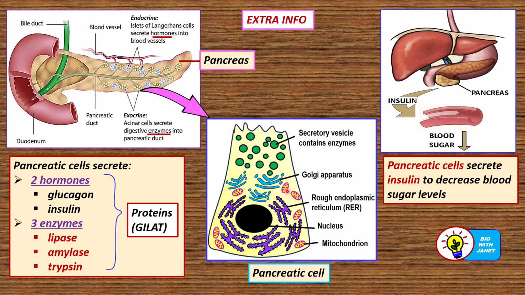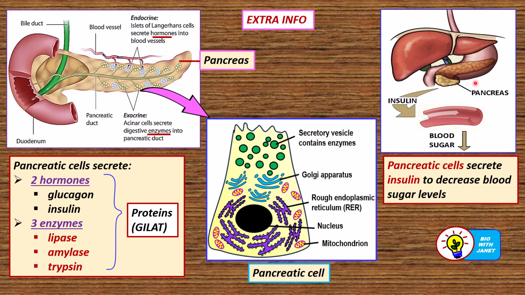And also they have a lot of mitochondria, which are to provide energy for the synthesis of protein. Okay, and here we see the secretory vesicles that transport the enzymes or the hormones. Secretory vesicles will move to the plasma membrane, and they will then secrete, for example, the enzymes out of the cells.